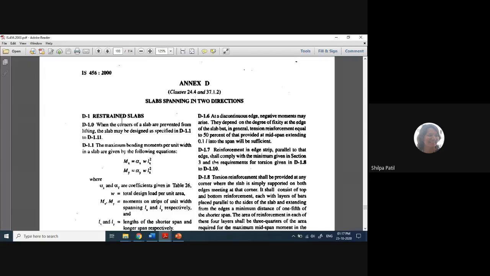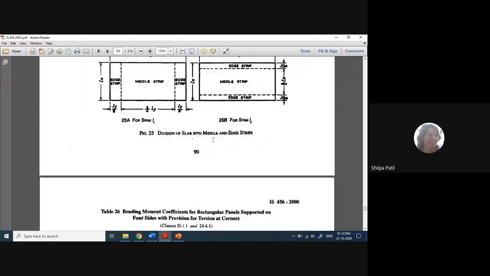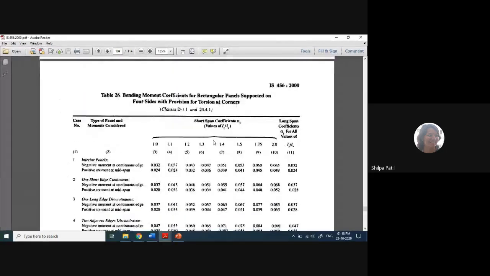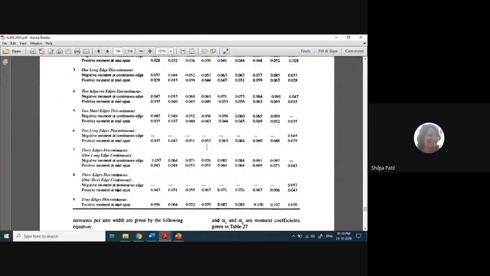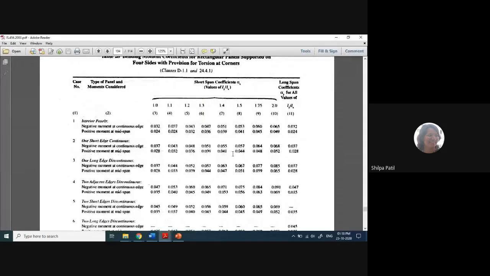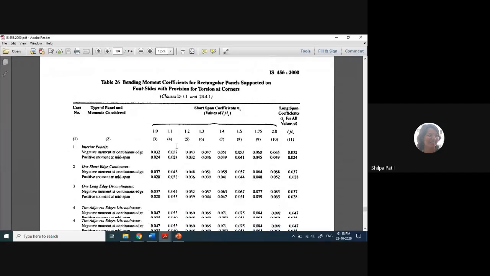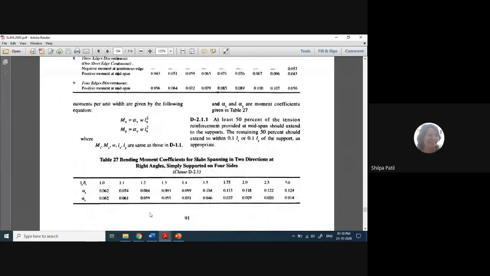Now everything related to slab spanning in two direction, it means it is a two-way slab, all the clauses related to this are given in Annex D. The table which I have shown you right now shows all the 9 cases and their corresponding coefficients, given here as Table 26 on the next page, and Table 27 gives the other coefficients which are applicable for the first case, that is, the corners are free to lift.